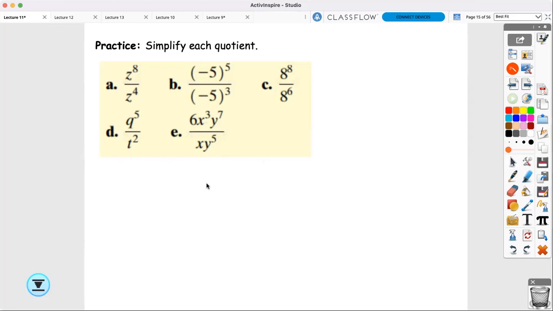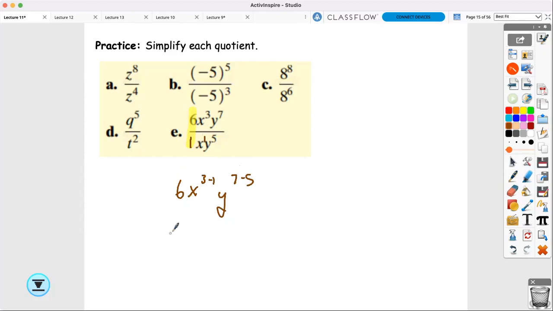Can you show your work on that one? Yeah, of course, for E. First things first, guys, we divide the coefficient, right? 6 divided by 1, because there's an invisible 1 here, which is 6. Then we do the quotient rule, 3 and 1 on top, so it'll be 3 minus 1. And for the y's, we have 7 take away 5.